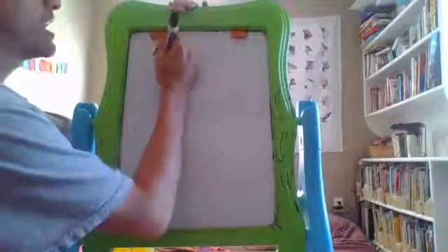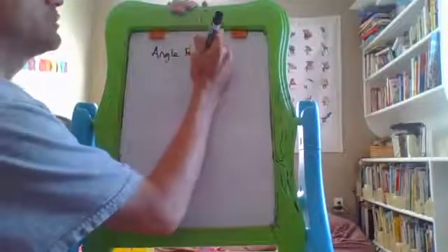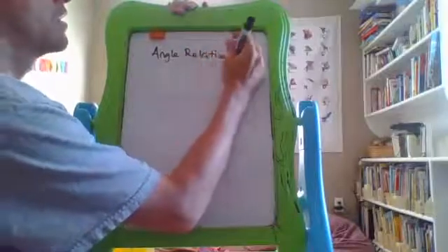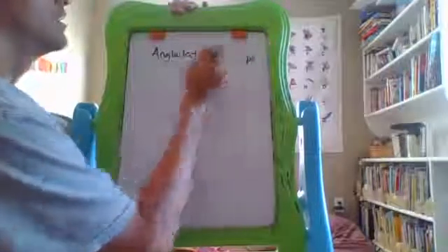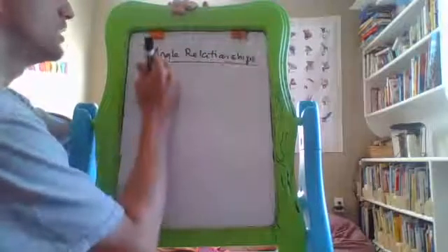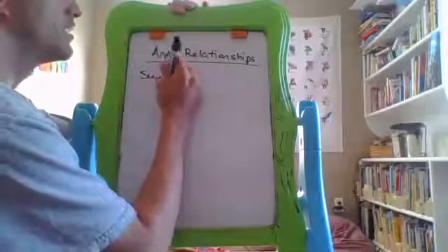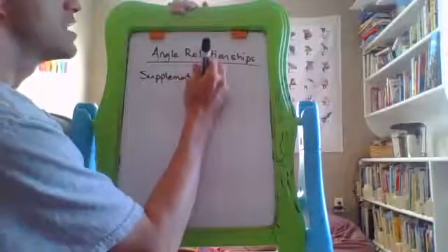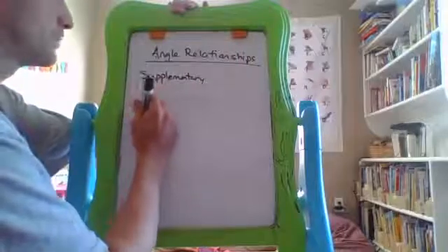So let's talk about angle relationships, and specifically in this video we're going to talk about two words: supplementary and complementary.